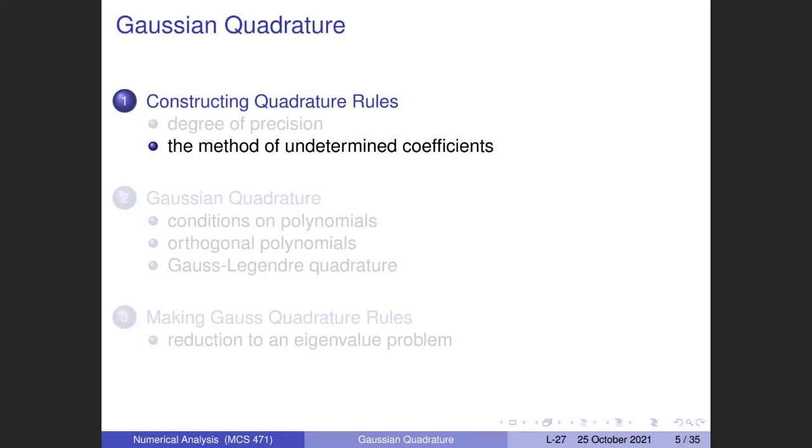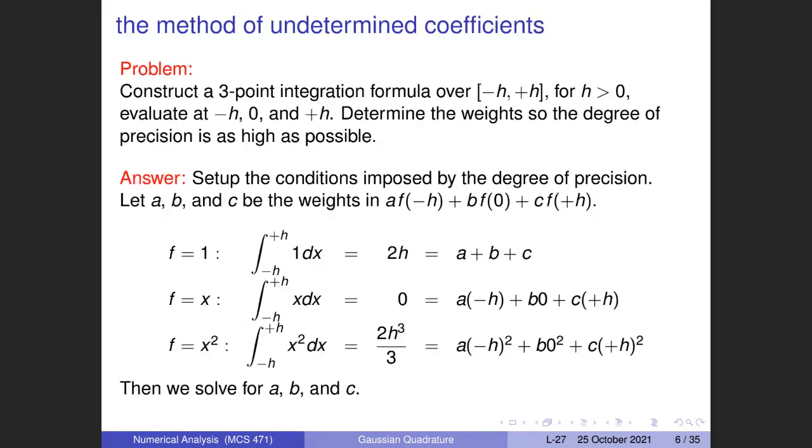All right, let us see the method of undetermined coefficients. Here is a problem. We want to compute the integral of a function. The integrand is defined over a symmetric interval from minus h to plus h.